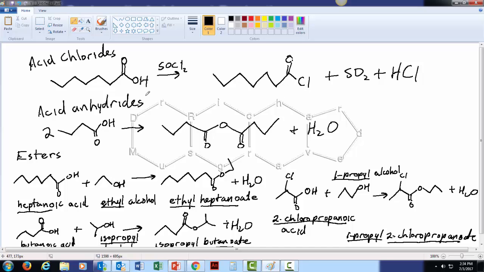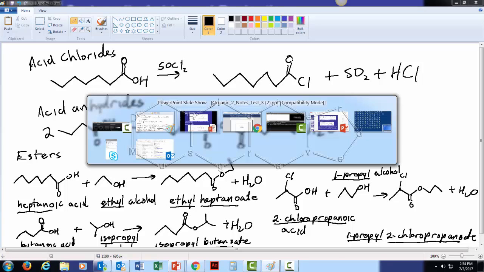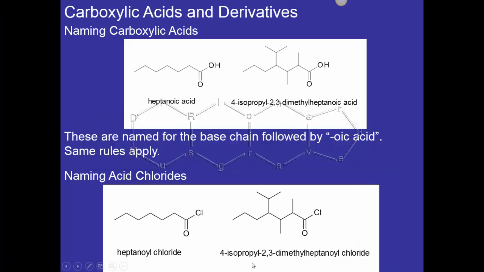Now the name of this would be, as I said, heptanoic acid, and the name of the chloride would be heptanoyl chloride. So the ic acid gets replaced with YL chloride, and you can see the same pattern here.